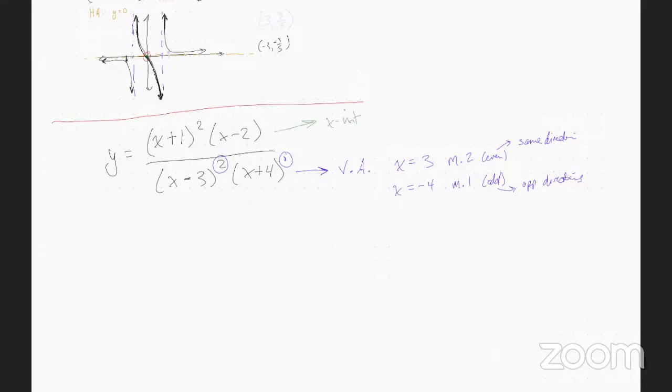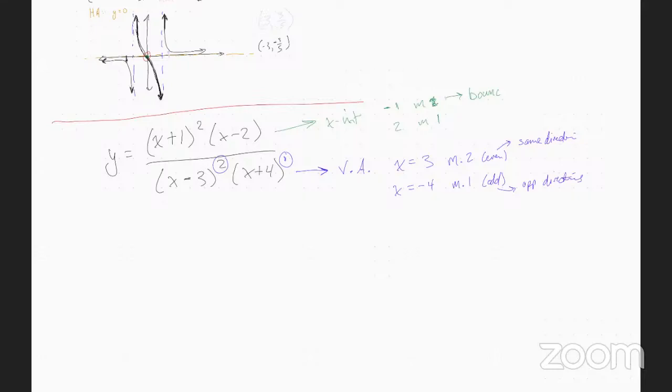What does multiplicity 1 for a zero mean? I'm sorry, I said that wrong. This has multiplicity 2 and this has multiplicity 1, right? So it bounces off of that one and it goes through this one.